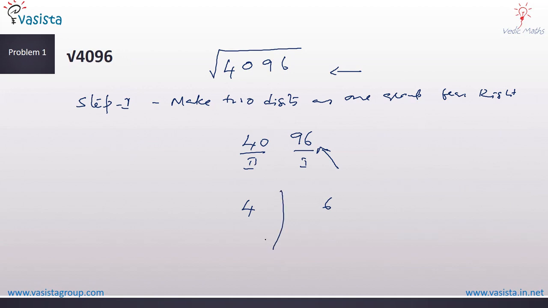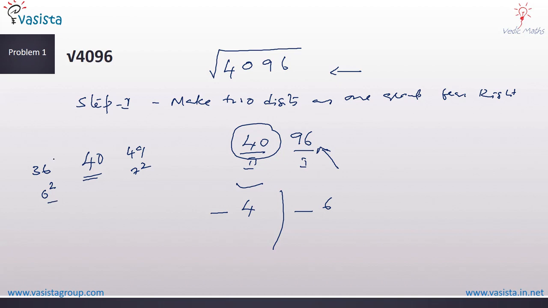Now what we concluded from the first group is that the square root of 4096 ends in either 4 or 6. Now we are supposed to find the previous number, either this or this. Where exactly does 40 lie? It is more than 36, which is 6 square, and less than 49, that is 7 square.